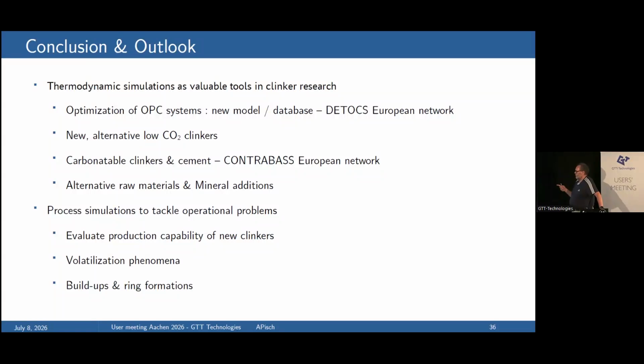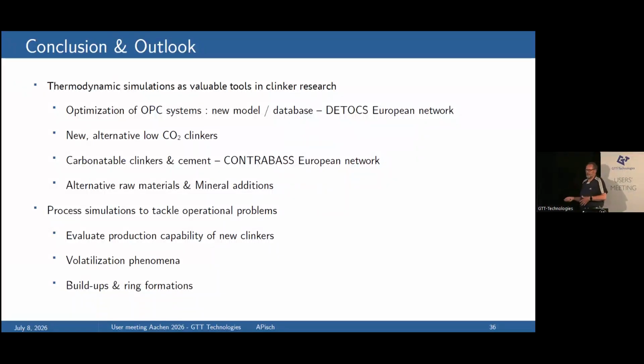I've shown you the old version. There's a new model that we are currently developing in the frame of a European network. My PhD student, Ramon Bandag, is doing that. So probably in a year, we will publish everything, and like that, everybody could use the model having FactSage.